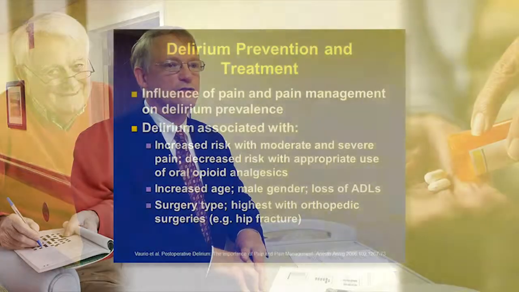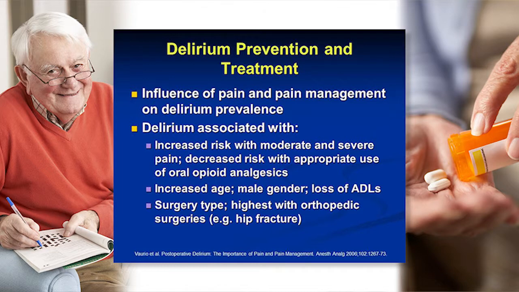So I've included a slide, kind of an overview of some of the risks associated with delirium that you might want to look at and use in your practice, recognizing that delirium is associated with medication use, especially those medications that are high in anticholinergic side effects, but also things like an individual not having their eyeglasses or their hearing aids in.